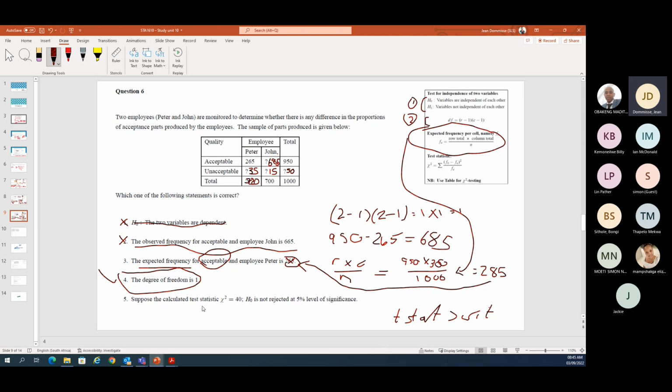Suppose the calculated T-stat is 40, and let's test at 5% level.